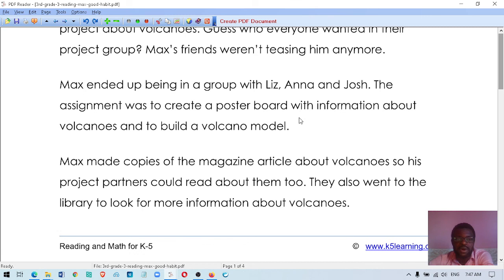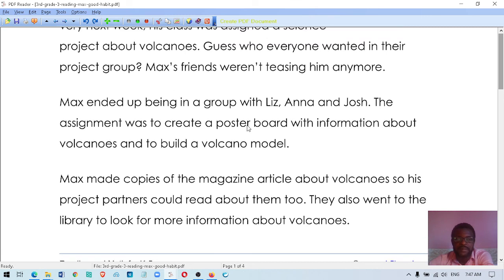The assignment was to create a poster board with information about volcanoes and to build a volcano model. Mark made copies of the magazine article about volcanoes so his project partners could read about them too. They also went to the library to look for more information about volcanoes.